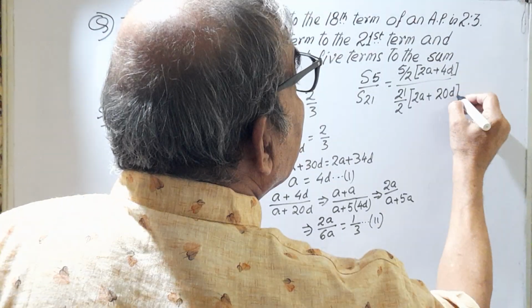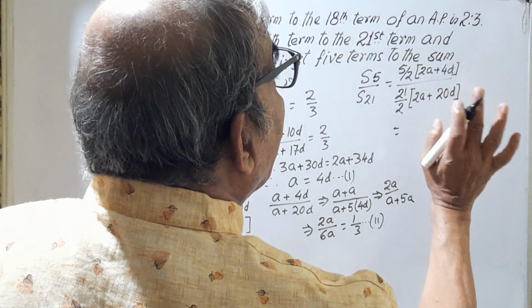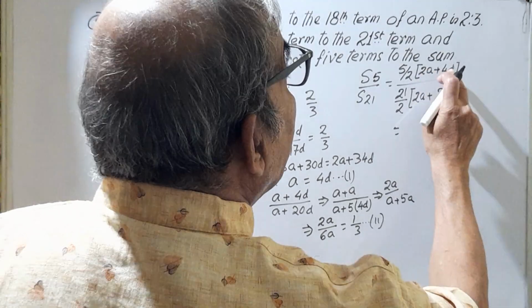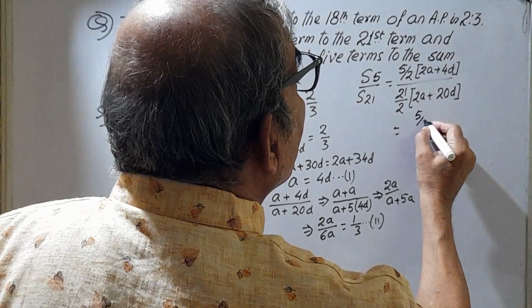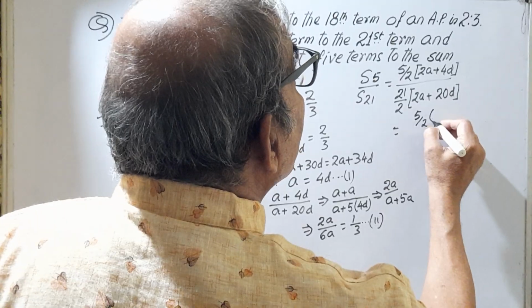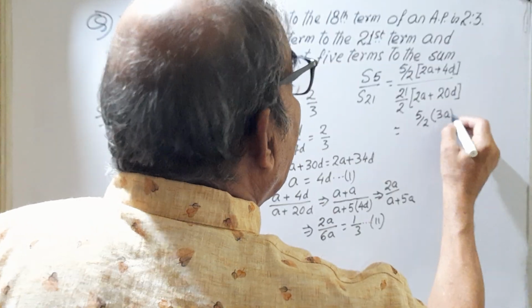Clear? So now what I am getting, see here: 5 by 2 into 2a plus a, 3a, because 4d equal to a.